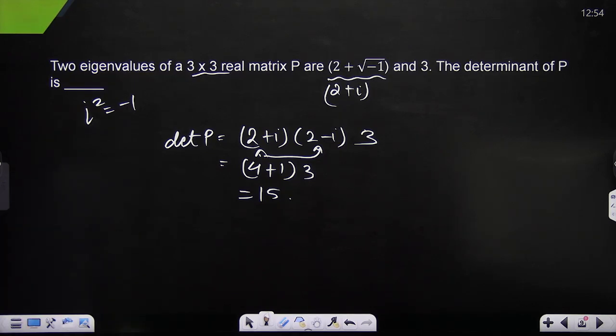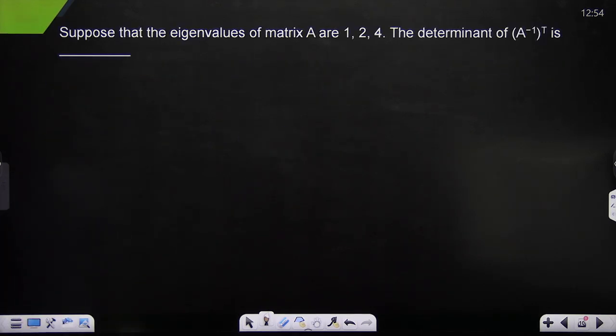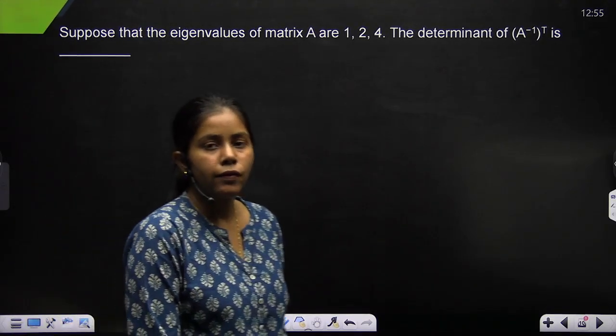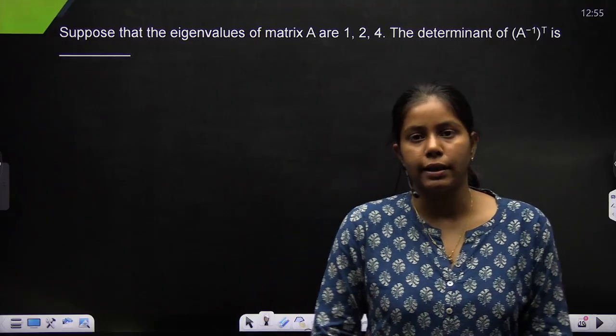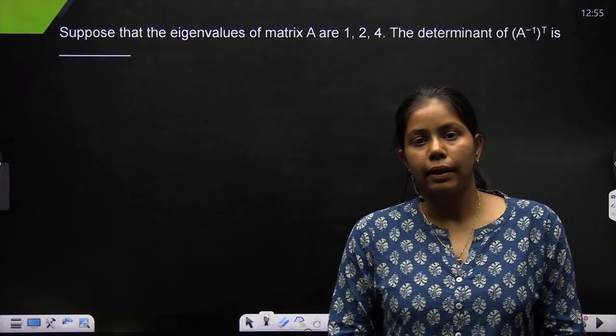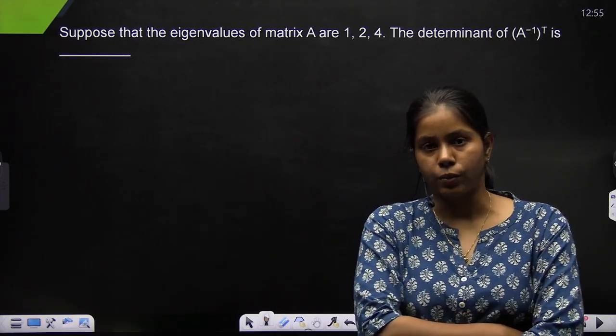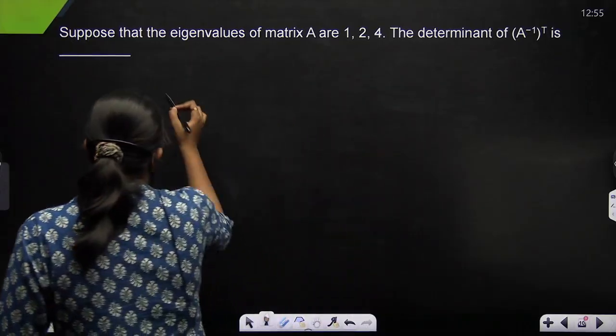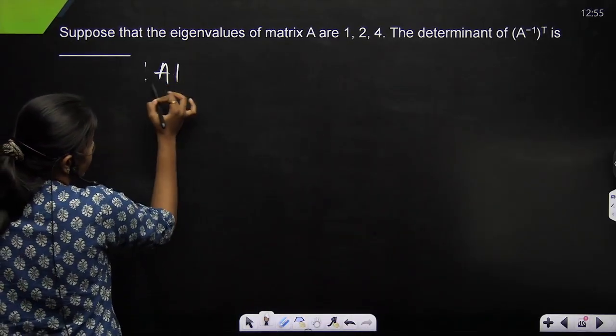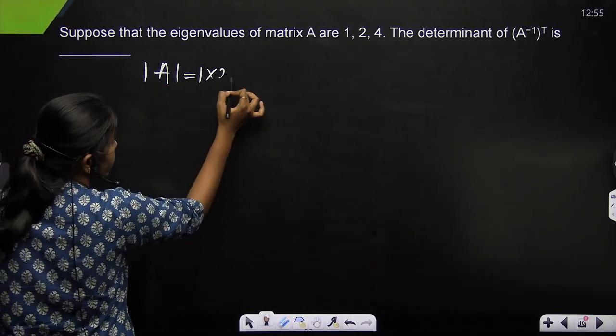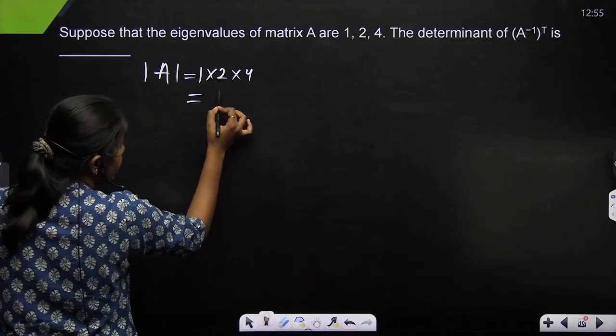Now let's see further questions. They have given the eigenvalues of a matrix: 1, 2 and 4. They are asking for the determinant of A inverse transpose. So what would you do? What is the determinant of A? 1 into 2 into 4, that would be 8.